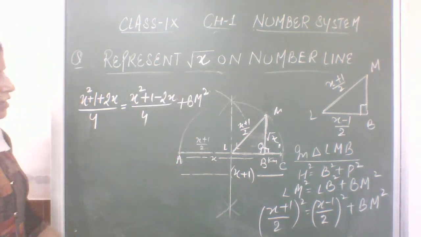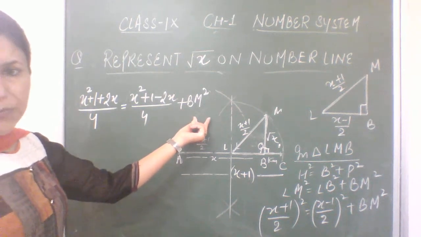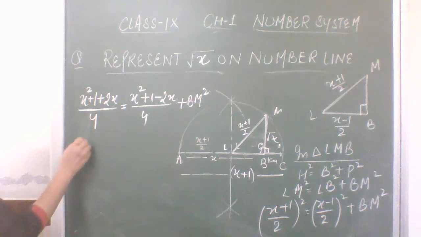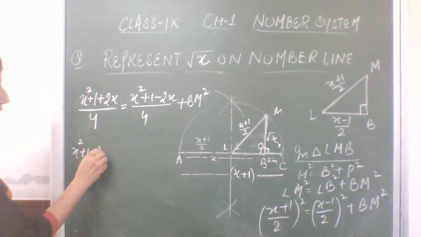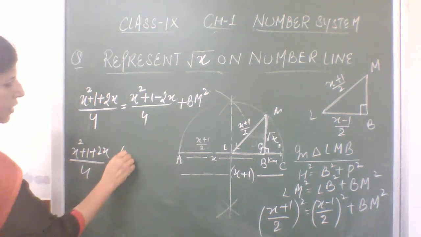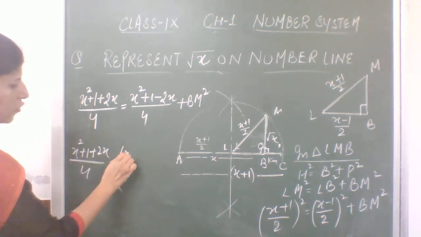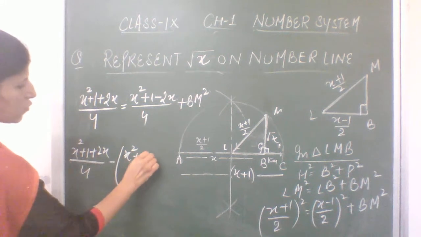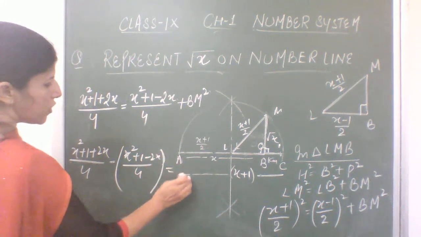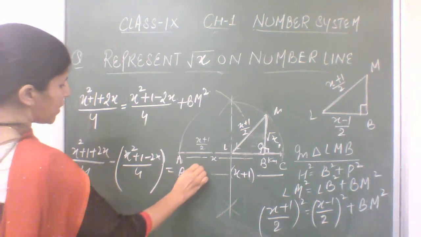Is it clear? Now we have to find out the value of BM, so that's why we will transpose this on another side. This is (x square plus 1 plus 2x) upon 4 minus, इसको माइनस करके you have to keep it in a bracket, (x square plus 1 minus 2x) upon 4 is equal to BM square.